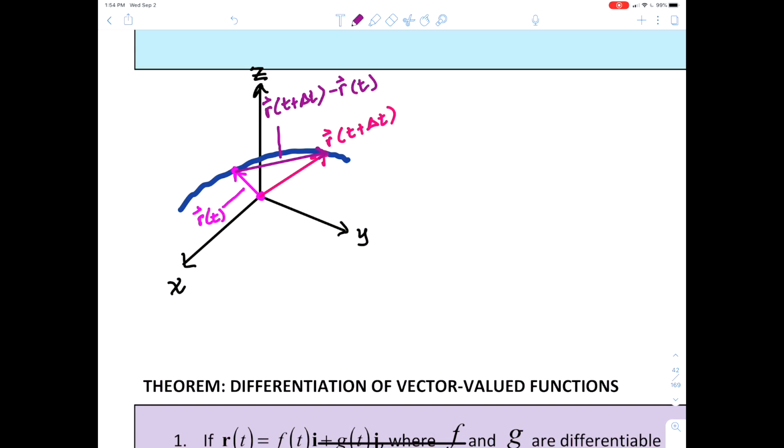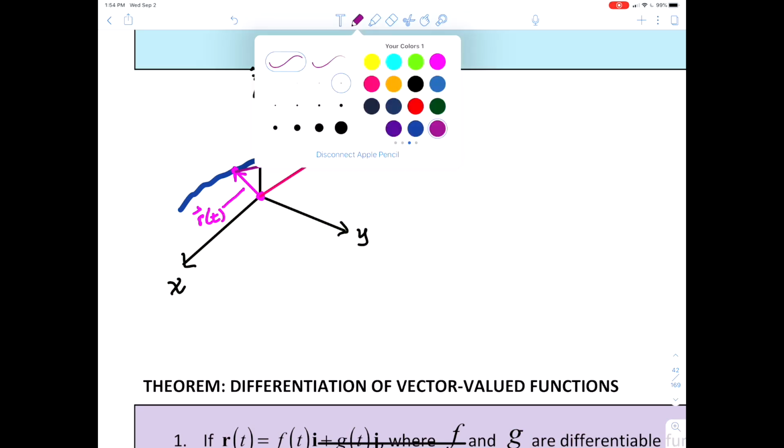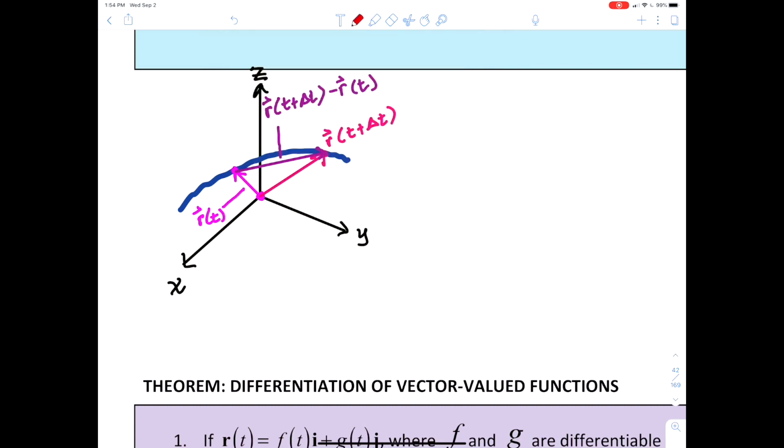Cool so far? And then r prime at t is going to be the vector that's kissing that curve, right? That begins at the end of our vector here. So r prime at t is this one. R prime at t. Cool so far?